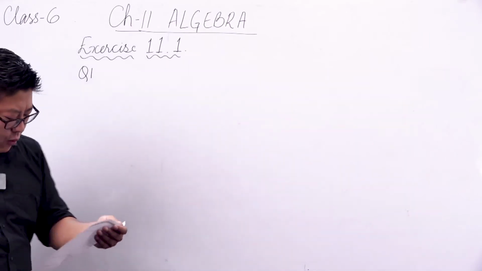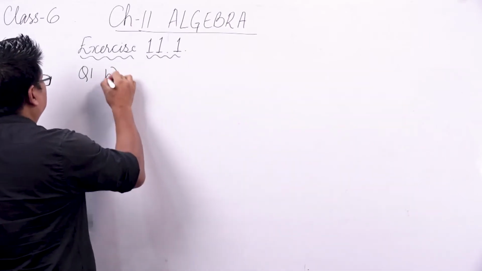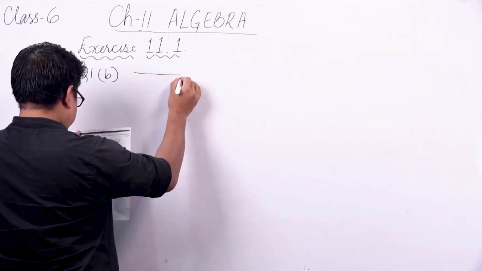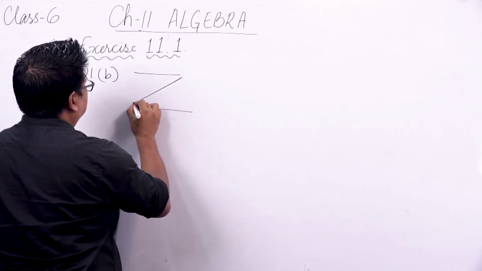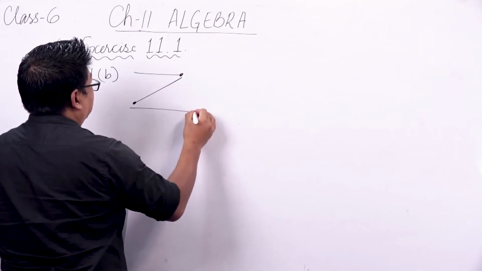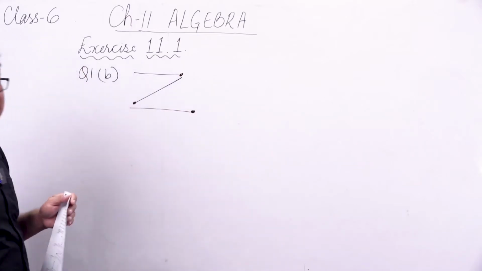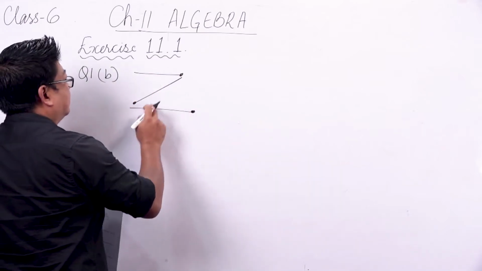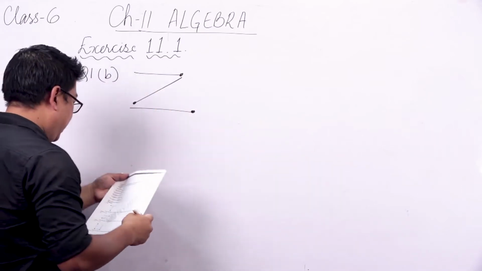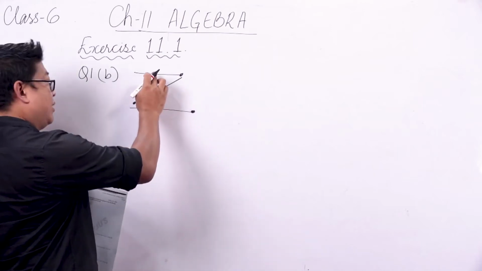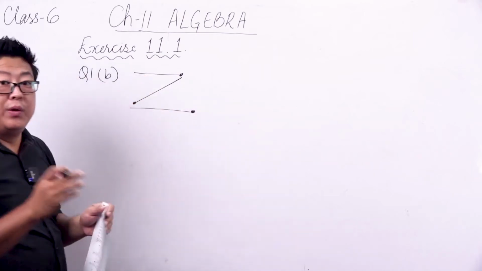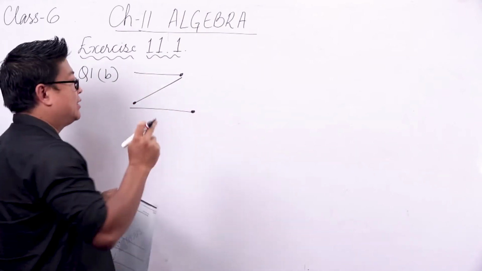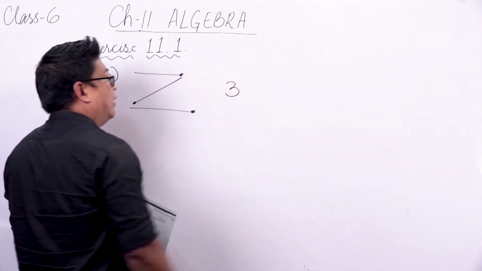So similarly for B, the pattern given is like this. It's given as Z, right? So how many sticks can you see here? 1, 2, 3. We see 3 matchsticks. So 3, all right?